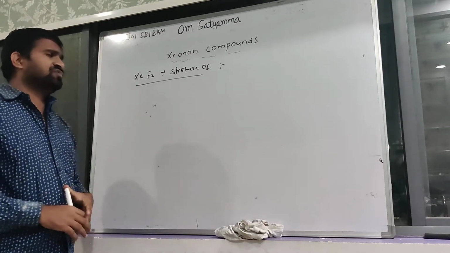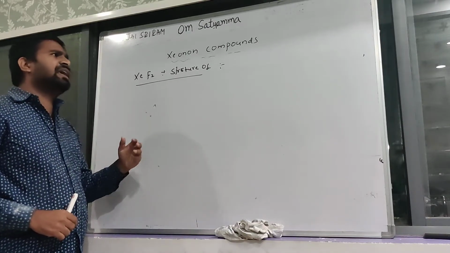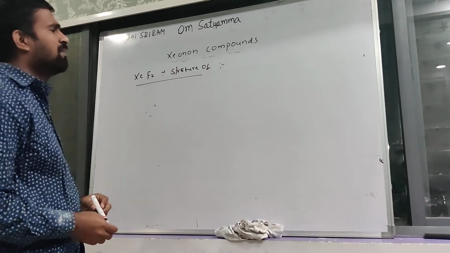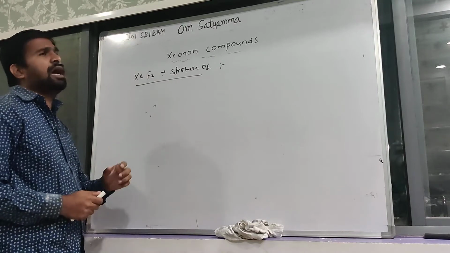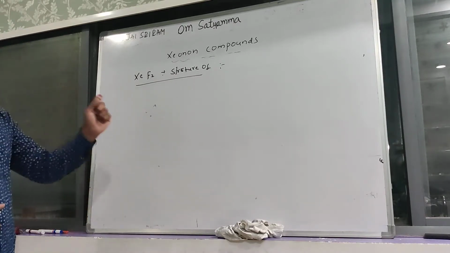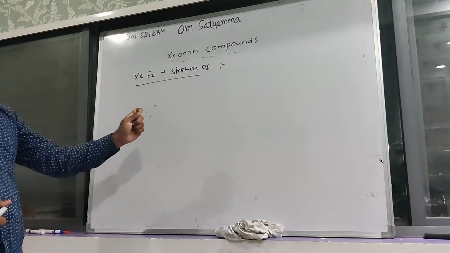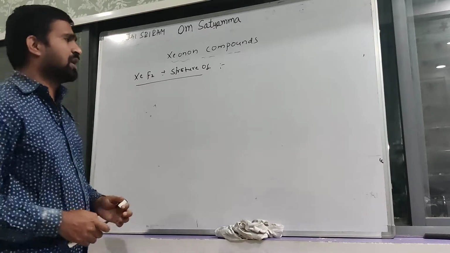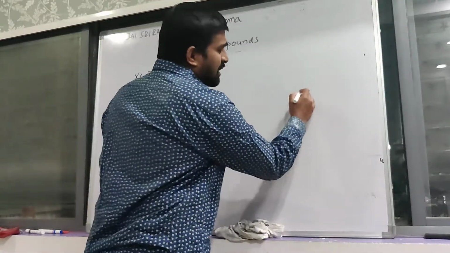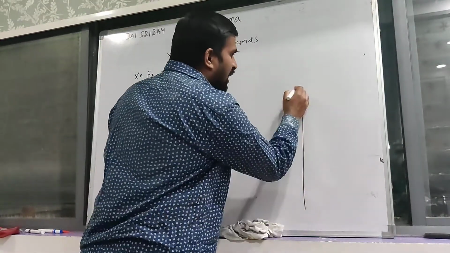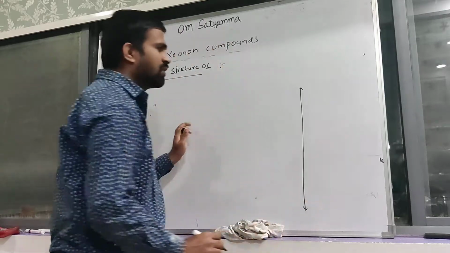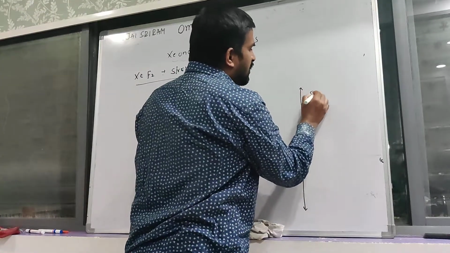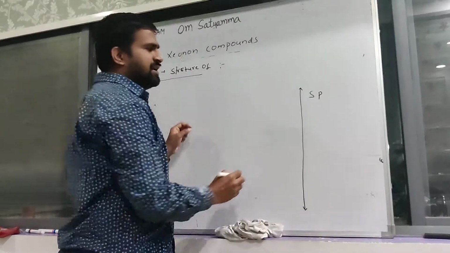If any compound is given, to find its structure you compulsorily need to know the hybridization. Then you can find out the structure of the given compound. What is hybridization? Let me recall the definition of hybridization.